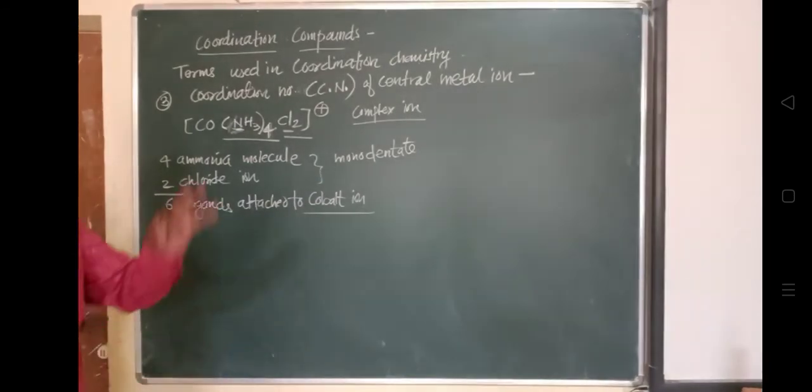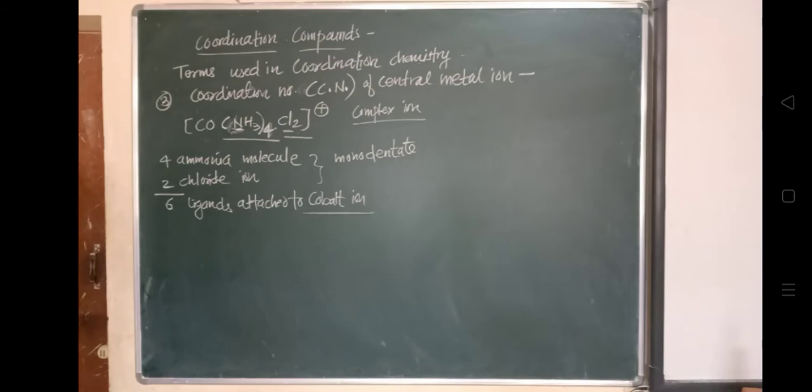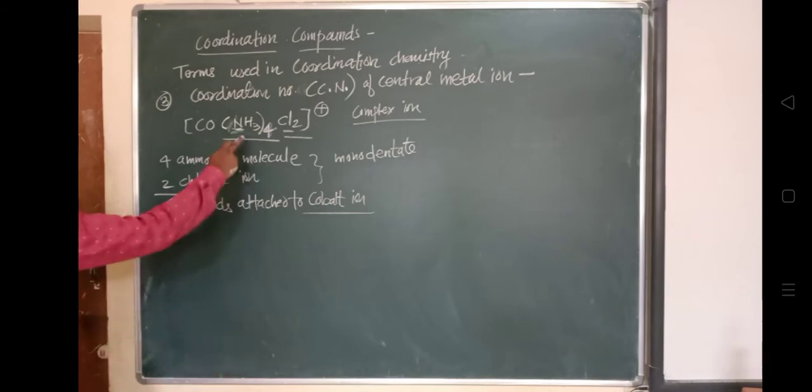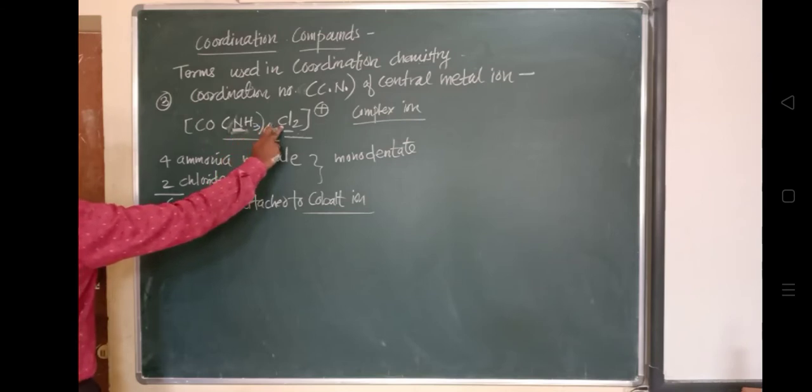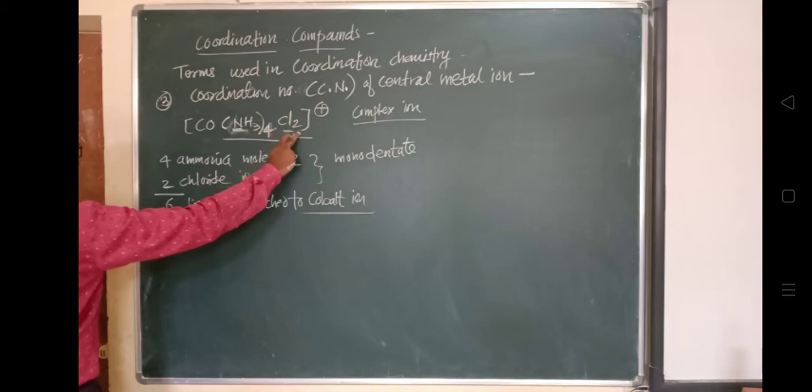So the total coordination number for this complex will be what? For the central metal ion, the coordination number is 6. Why 6? Which factor decides the coordination number? The ligands and the kind of ligands.